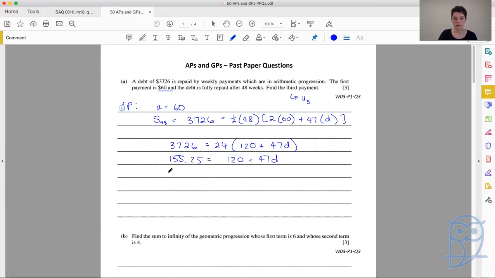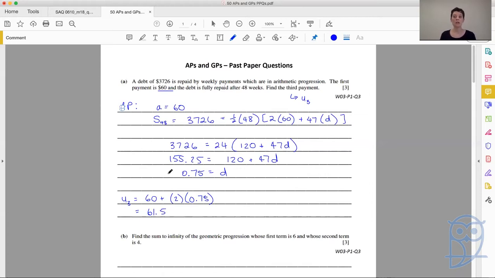Subtracting 120 and dividing by 47, 0.75 equals d. Now we have the a, the n, and the d that we need in order to calculate the third term, the third payment. So U3 equals a plus (n minus 1) times d, which equals 61.5.